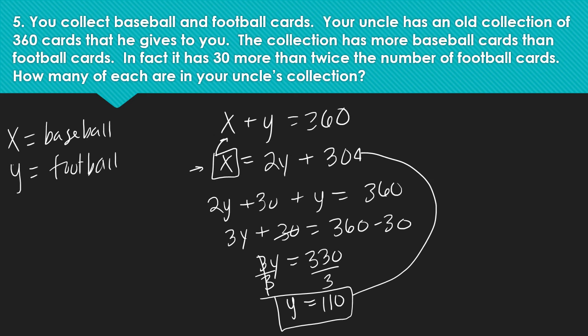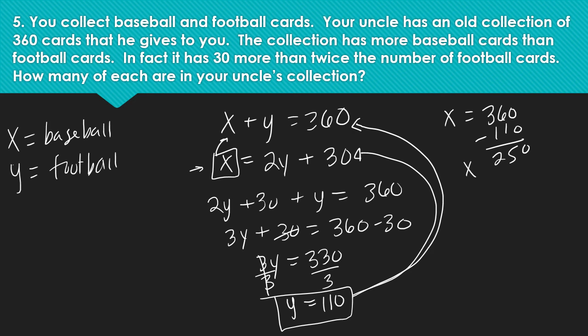Either way, I'm going to get to the same answer. So x equals 360 minus 110, and that gives me 250. So what does this mean? He has 250 baseball cards and 110 football cards.